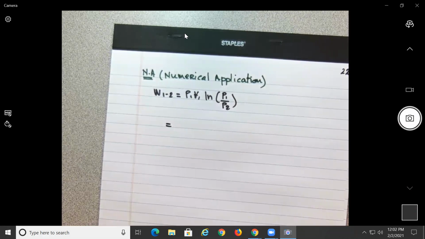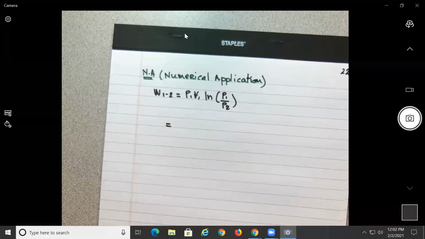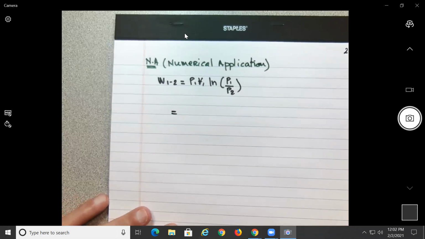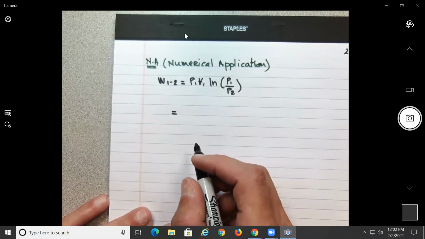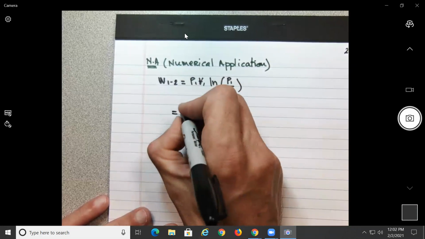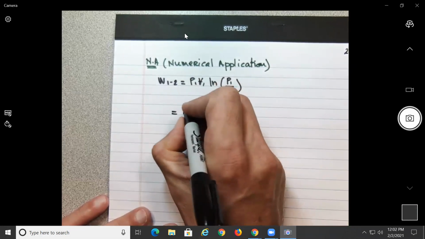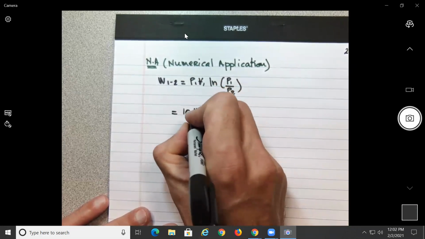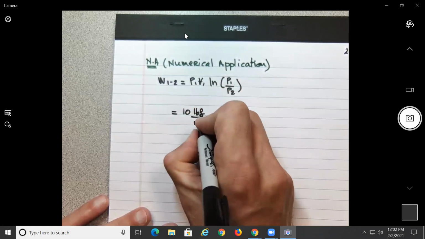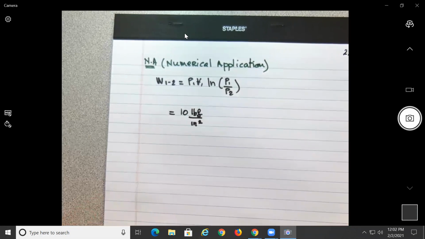So let's see what I need to do. And we need the work in BTUs. Okay, here I don't have that page with the conversion, but I might go and open it. All right. So we need to keep the feet, I think, okay? So what is P1? P1 is 10 pound force per inch square, okay?